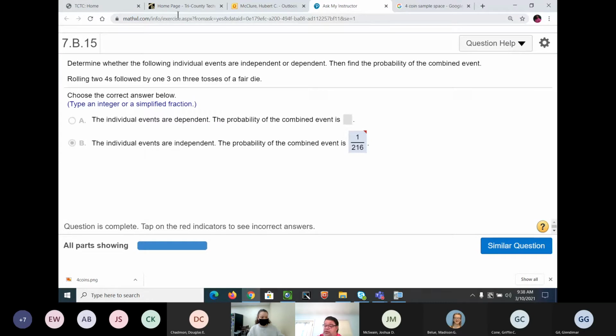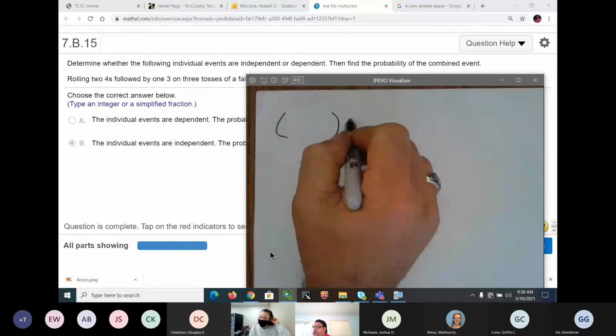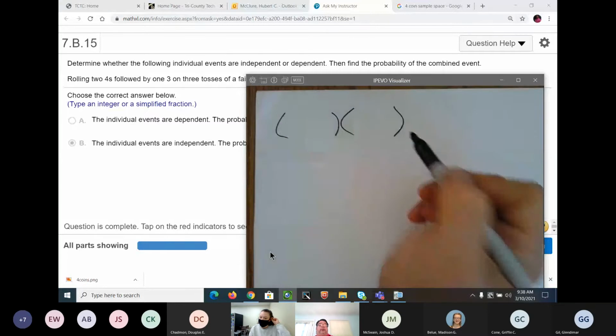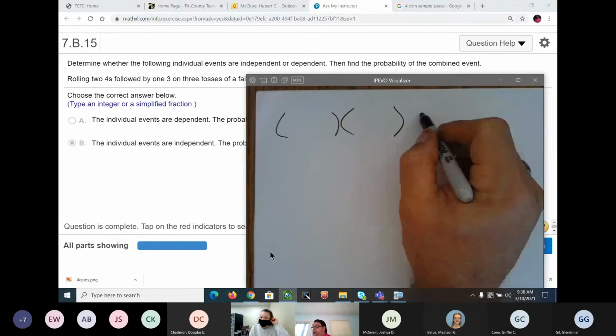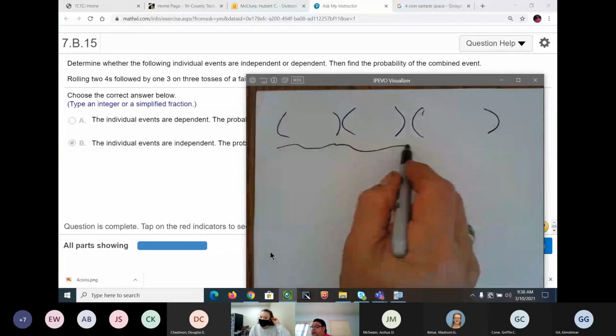And here we go. So you've got two rolls, and then you've got a 1 roll. And this is 2 4s. This right here is 2 4s. And this right here is a 3. 1 3. Okay. So 1 2 3.